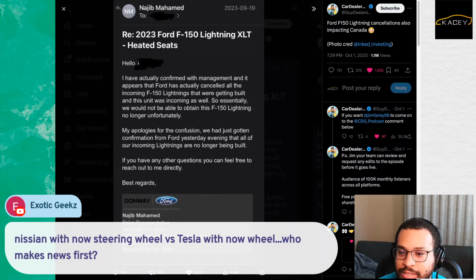Najib sent this to the customer. Najib is saying that, dear customer, I've actually confirmed with the management that it appears that Ford has actually canceled all of the incoming F-150 Lightnings that were getting built, and this unit was incoming as well. So essentially, we will not be able to obtain this F-150 Lightning no longer, unfortunately.